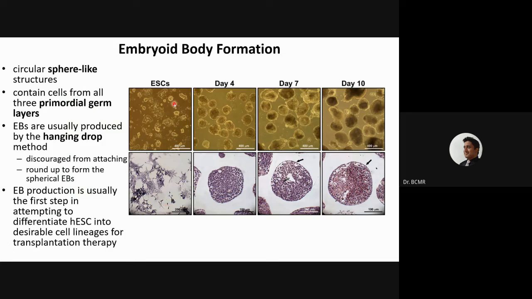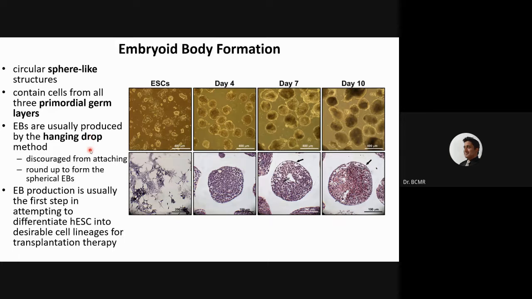So what is an embryoid body? The first thing we'll say, it is a sphere-like structure with a lot of cells. And those cells are trying to live out their differentiation fate, right? They have already differentiated from the morula to the ICM in the blastula.